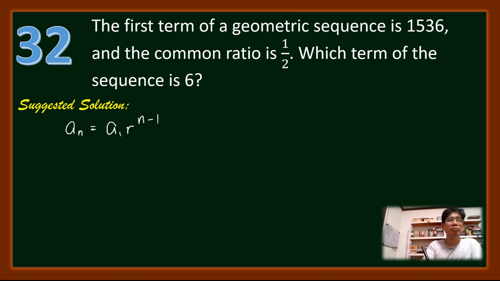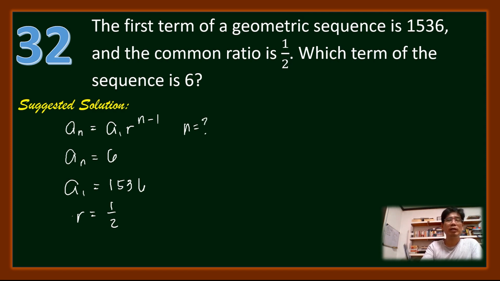So from the given problem, a sub n is 6. a sub 1 is 1536. The common ratio is 1/2. Hence, we do not know the value of n, which is what we are looking for.